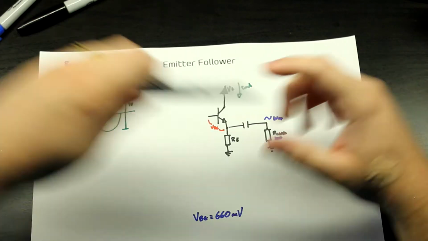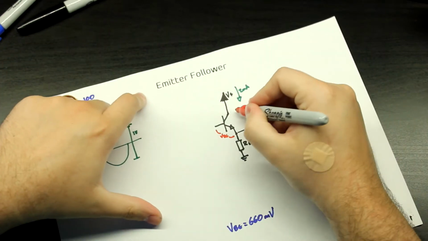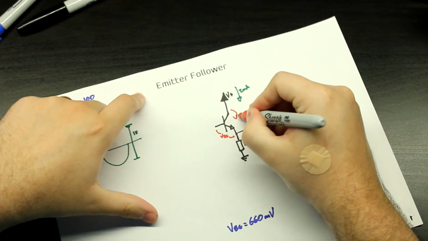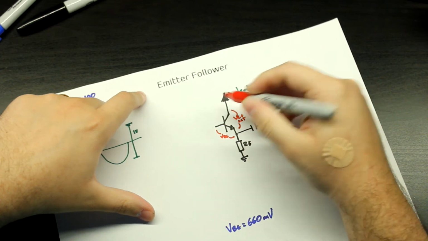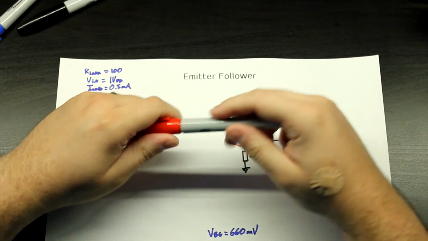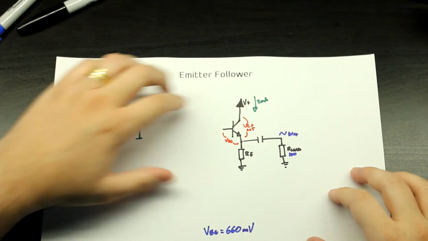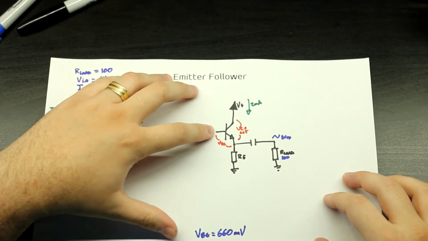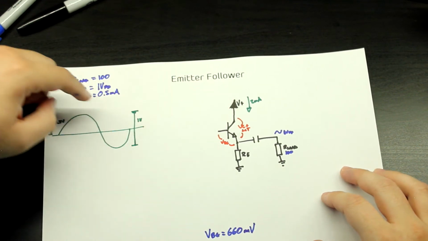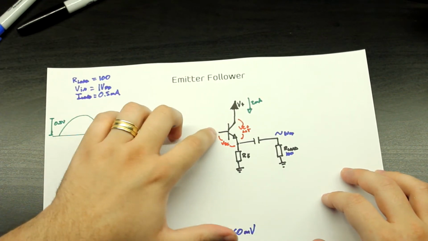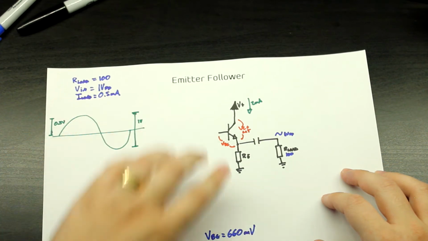Another thing that you've got to keep in mind is the saturation voltage, VCE sat, which is the saturation between the collector and the emitter. Because you can drive this base above your power supply, since later we're going to put the rest of the circuit here, but this is going to be AC coupled.